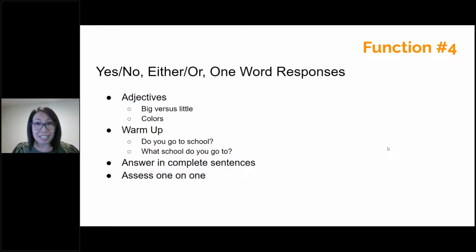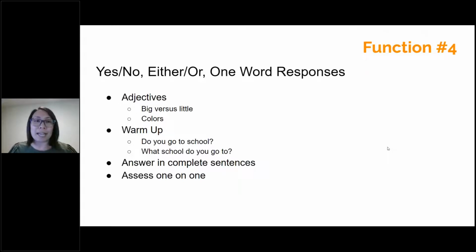So a really good start, whether it's big versus little, short, tall, right? So that's kind of in the younger age range where you're doing actions to help them. Well, big versus little for older, I might just show pictures of a big car and a small car.